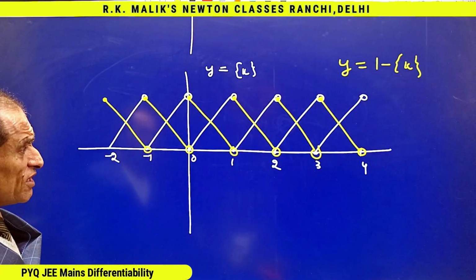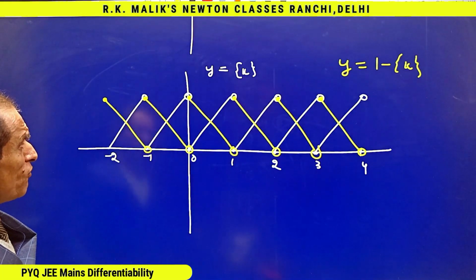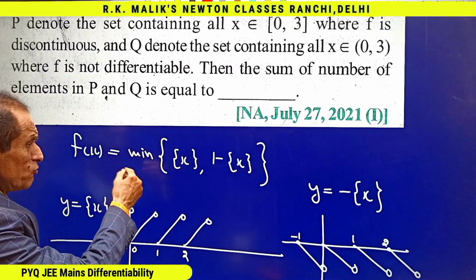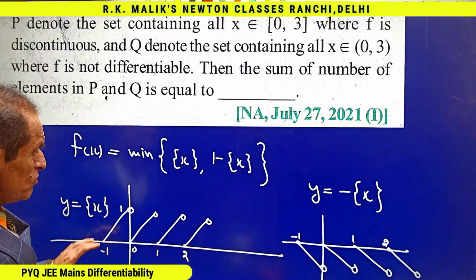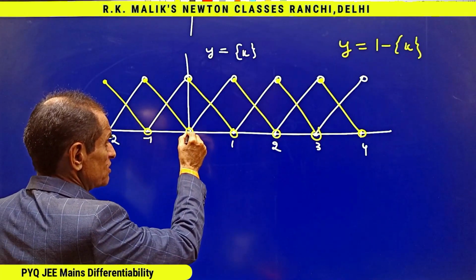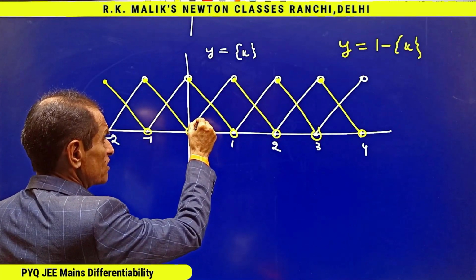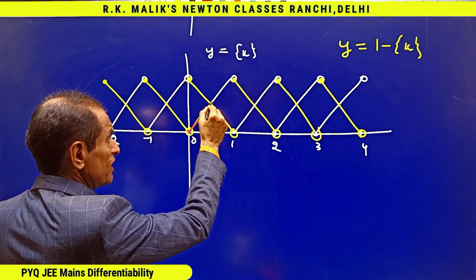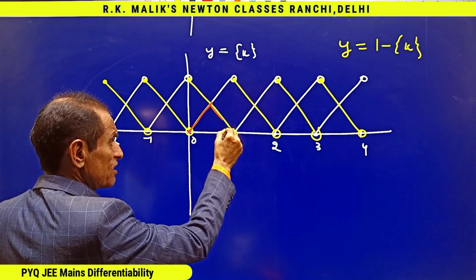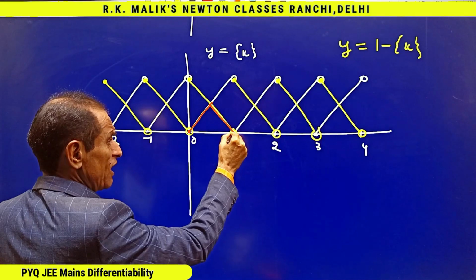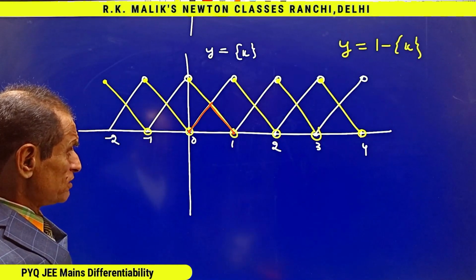Hence, I can easily conclude that the graph of f(x) equal to the minimum of these two starts here, goes up to this height, and then starts here and goes up to this point.